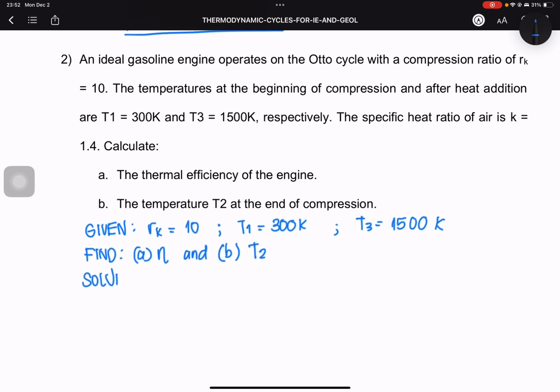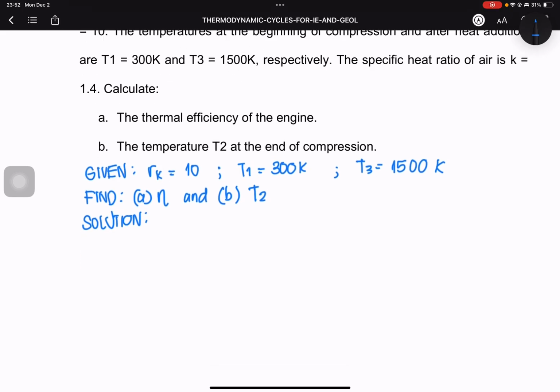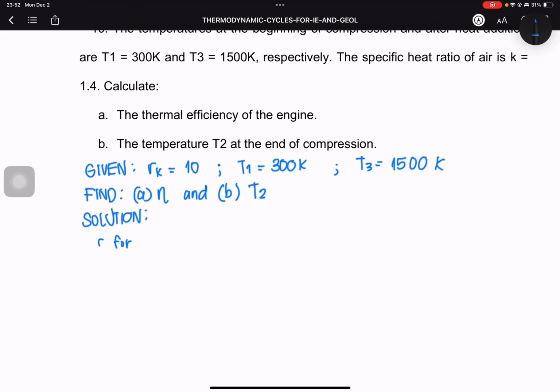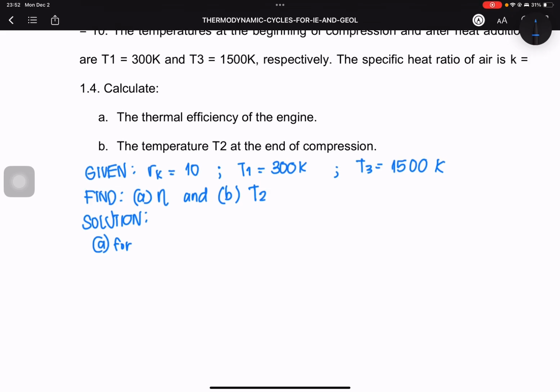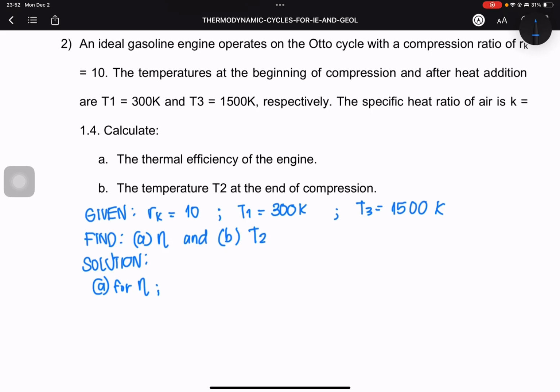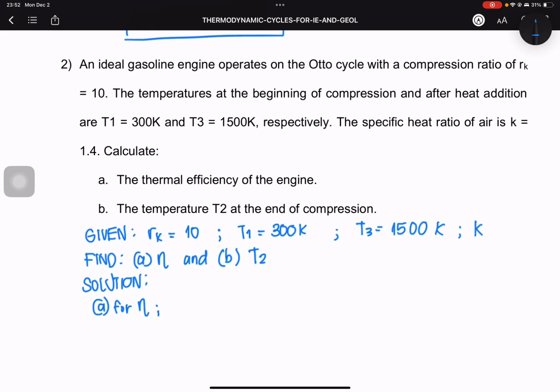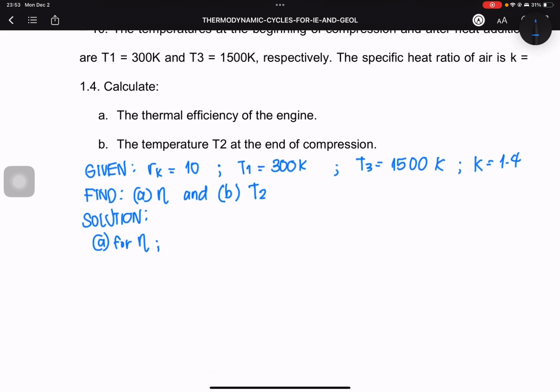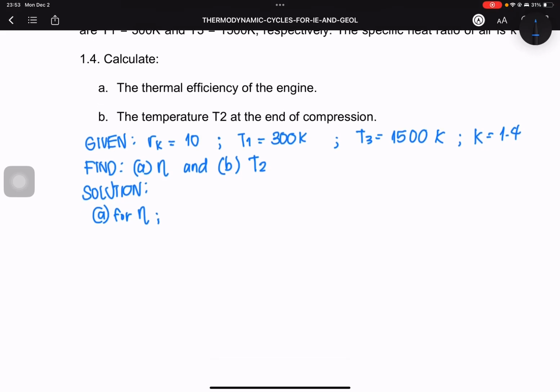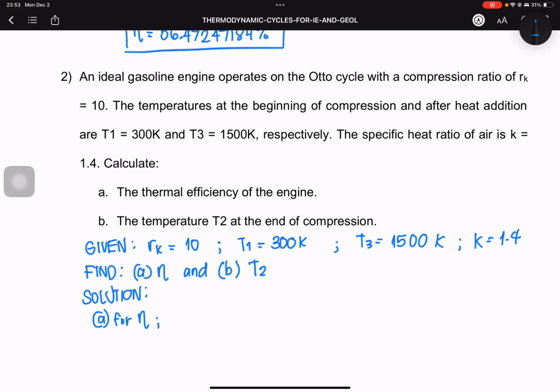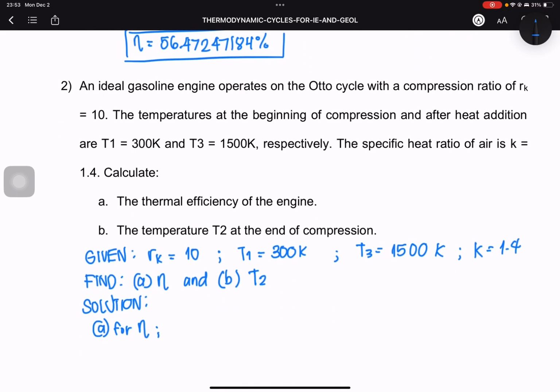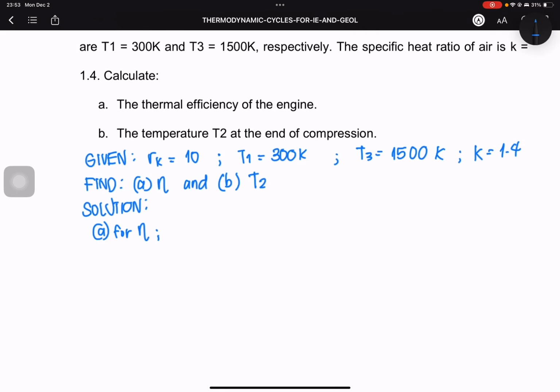Solution. For A, we have the efficiency. Same thing, since we have RK and K equal to 1.4, we can get the efficiency using the equation we used earlier: efficiency is equal to 1 minus 1 over RK raised to K minus 1.